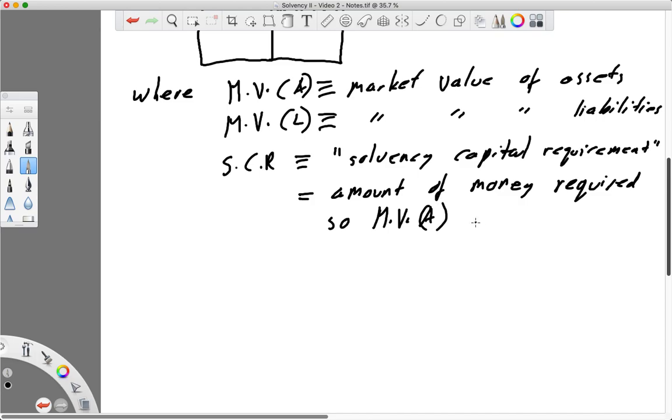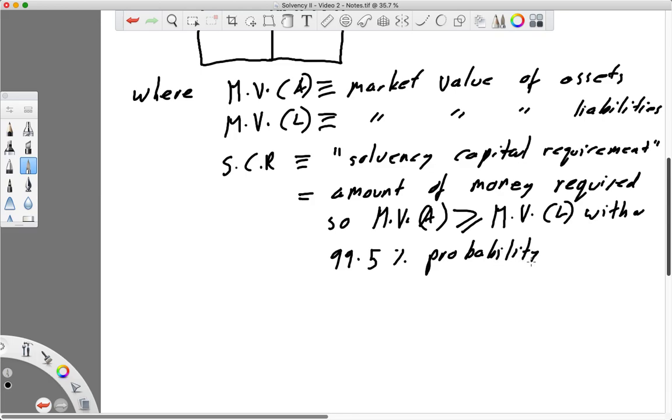so that MV of A is greater than or equal to MV of L with a 99.5% probability in the next 1 year. So if you've done ruin theory in some of your previous mathematical courses, this is very much what this is.